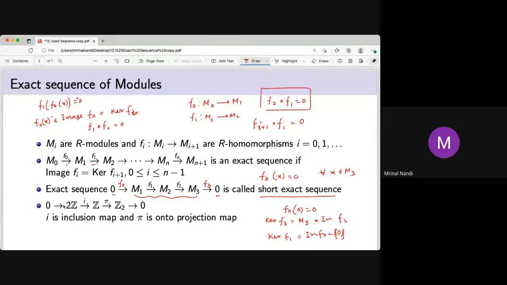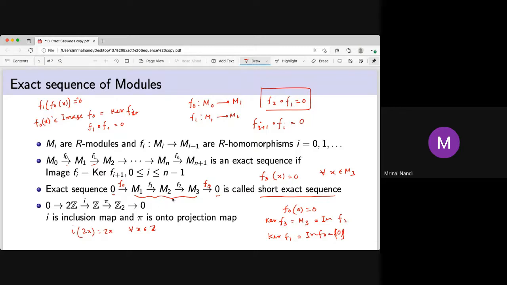One example is 0 to 2Z by the inclusion map i, then the inclusion 2Z to Z. All even numbers go to the even numbers. I of 2x equals 2x for all integers x. And this is a projection map, Z to Z2.